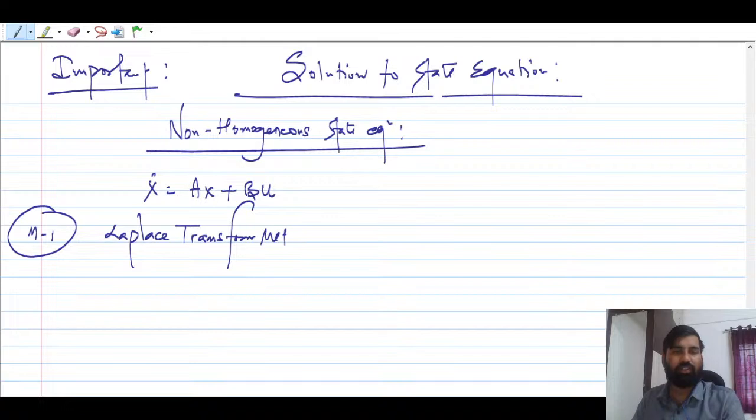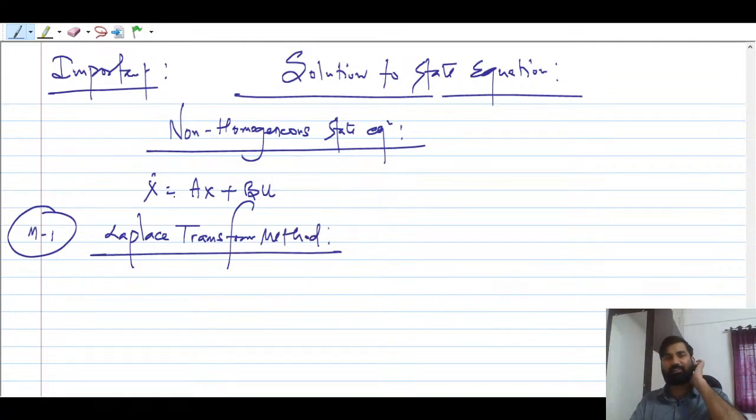In the Laplace transform method, I will take the Laplace transform of this entire equation, considering the initial conditions also. If you take the Laplace transform of any differential operator operating on a certain state vector, it will be written as s times X(s) minus x(0), from the definition.